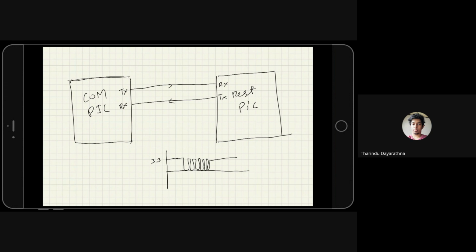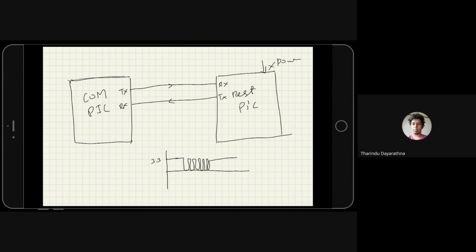Even though, let's say, reset peak doesn't have power, if this COM peak is on, this TX line will power the reset peak and make it on. So that is not good, because you have to turn off some peak.